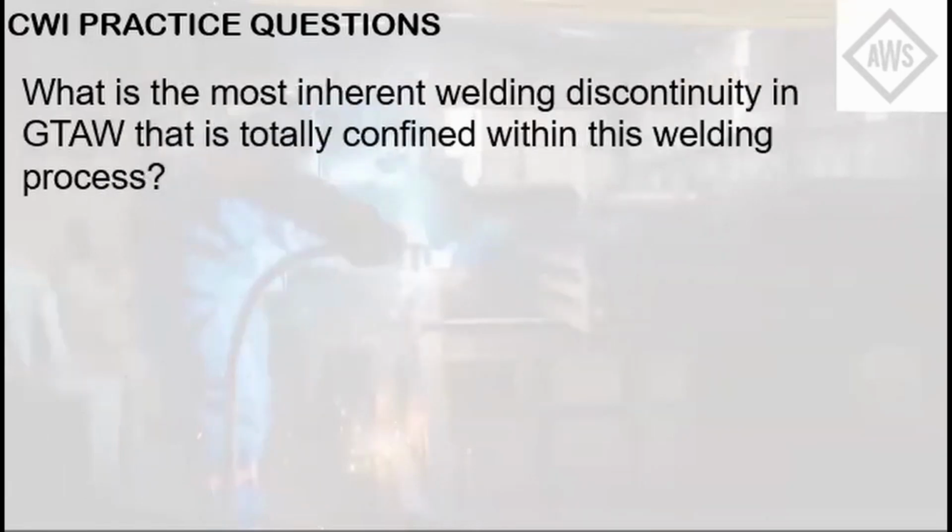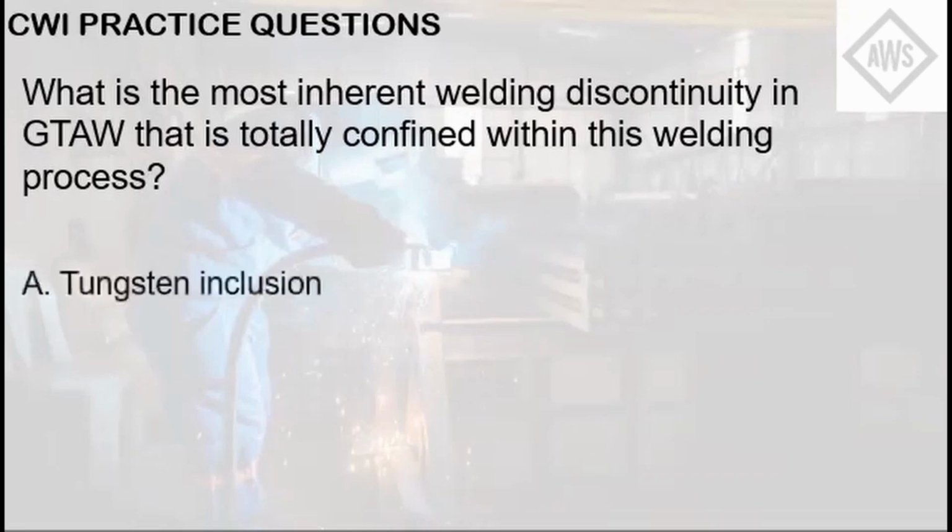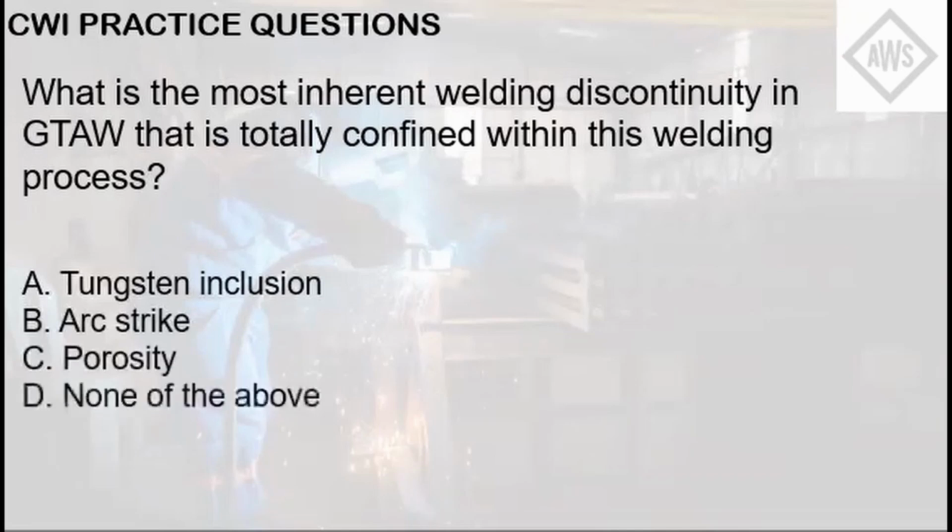So next question. What is the most inherent welding discontinuity in GTAW that is totally confined within this welding process? Letter A, tungsten inclusion. Letter B, arc strike. Letter C, porosity. Letter D, none of the above. So the question being asked here is, what is a welding discontinuity that is totally exclusive with GTAW?